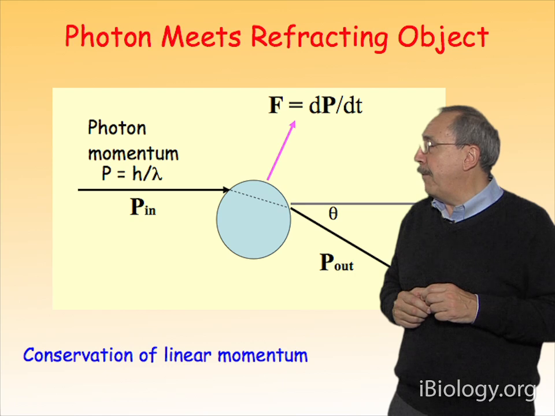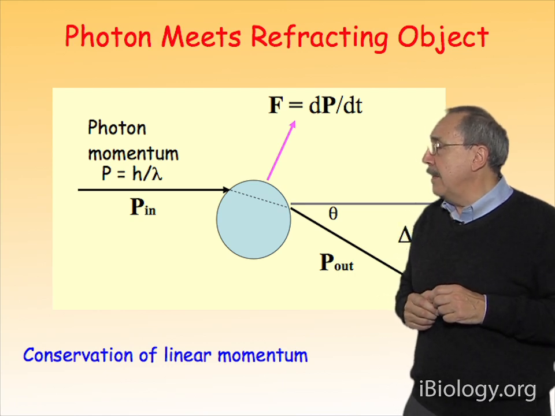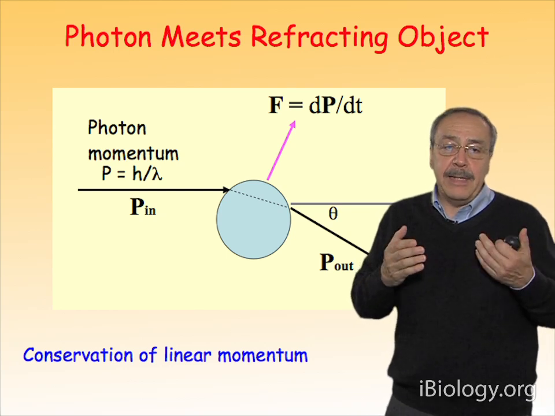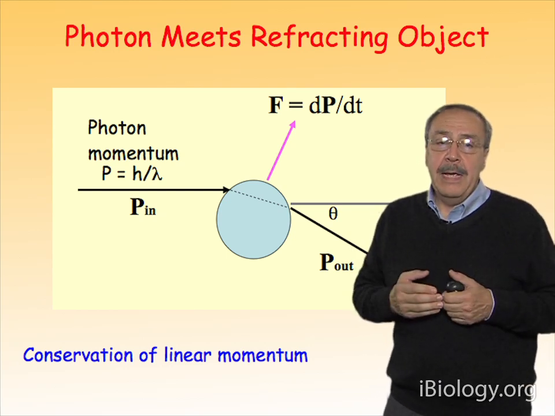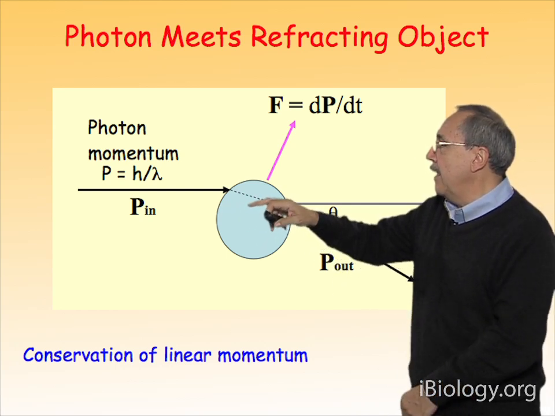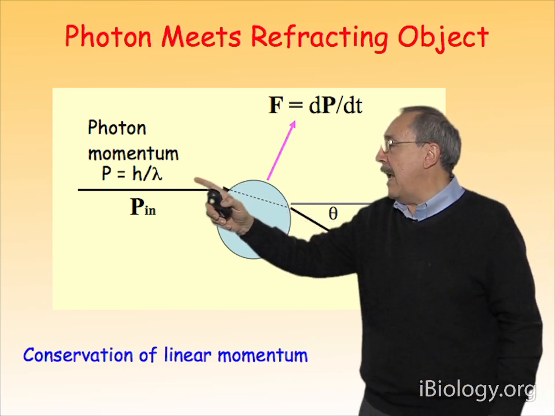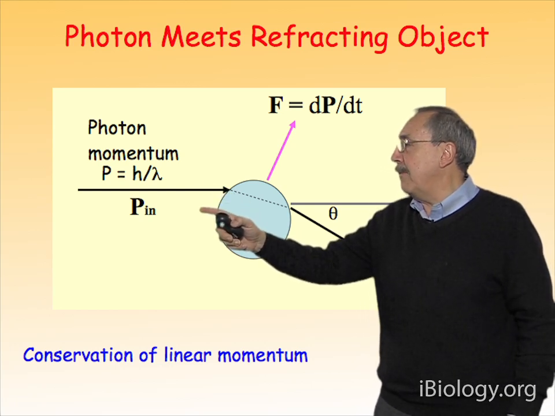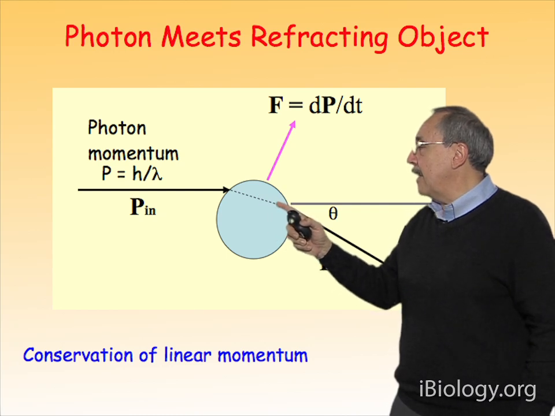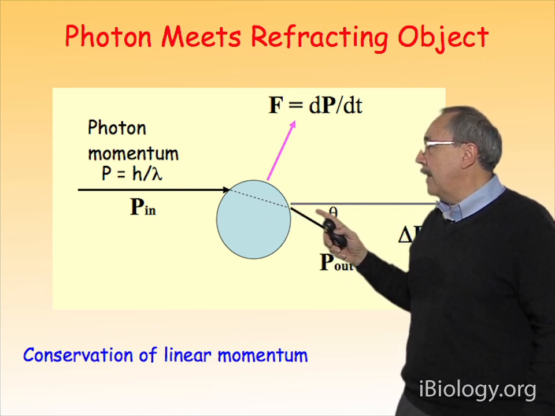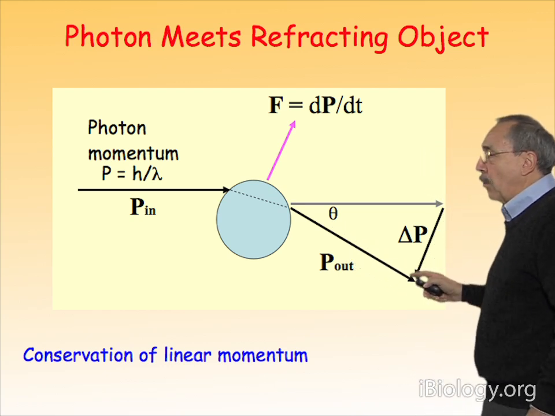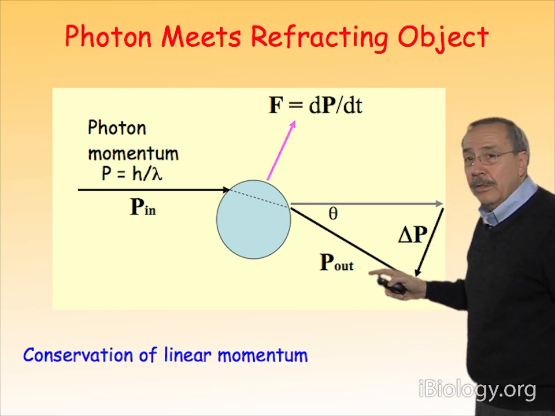So, what happens when a photon meets a refractive object? Imagine that we have a bead placed in the path of a beam, and there are a number of photons coming towards the bead, as indicated here. Each photon brings a momentum h over lambda, which is the incident momentum of the light. It hits the bead at this position, gets refracted, and gets refracted again as it comes out of the bead in a different direction, which we now call the momentum out of the beam.